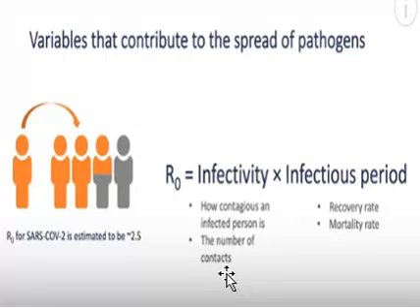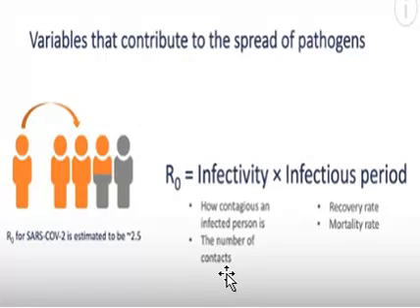And the number of contacts. Somebody who is, say, a church father, can give it to more people. Somebody who is giving lectures, if infected, can give it to a low number of people. So depending on the person, or if he is going to public places too much, then the infectivity is high.